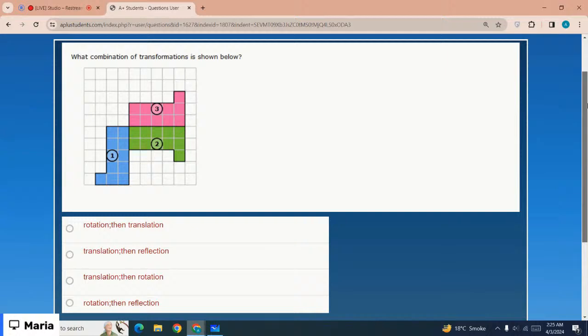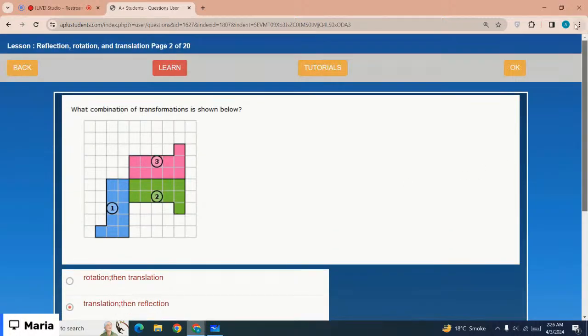From 1 to 2, that is the rotation because one of the corners is fixed, right? Whenever one of the corners is fixed, that means it is a rotation. And then from 2 to 3, that is just a reflection. You can see 3 is simply the reflection of 2. So that means that is a rotation and then reflection. The correct option is the second one, right?